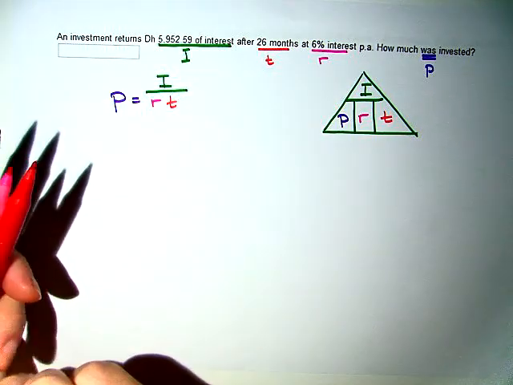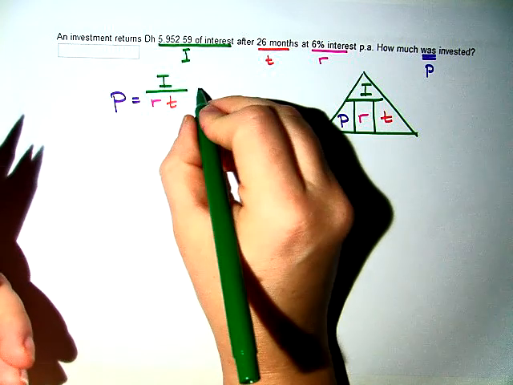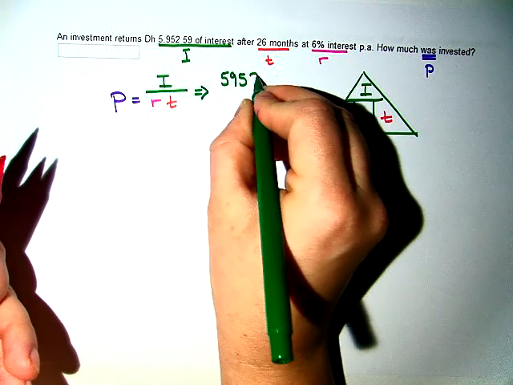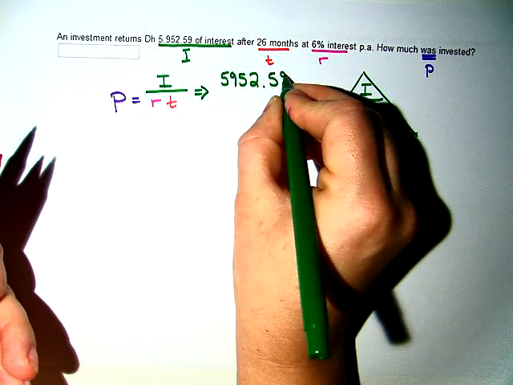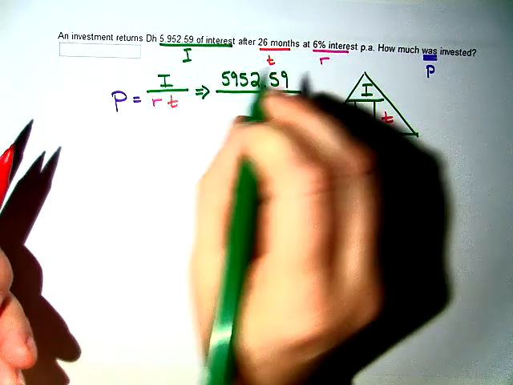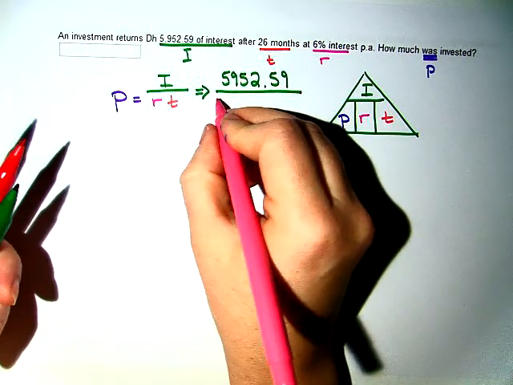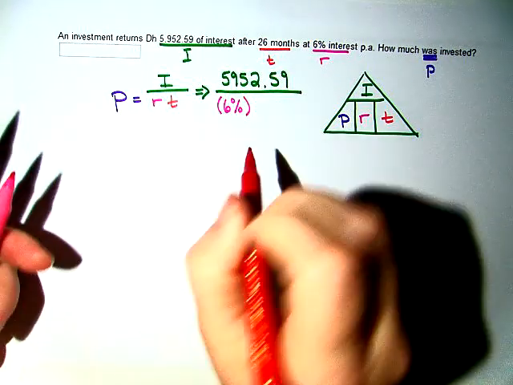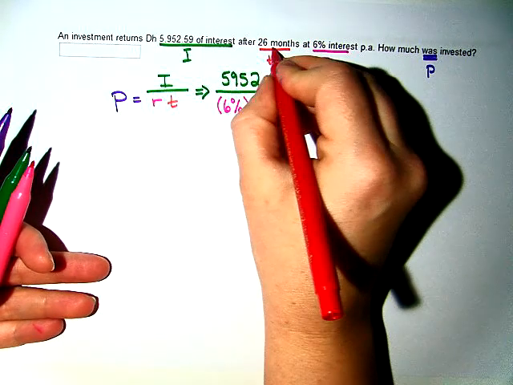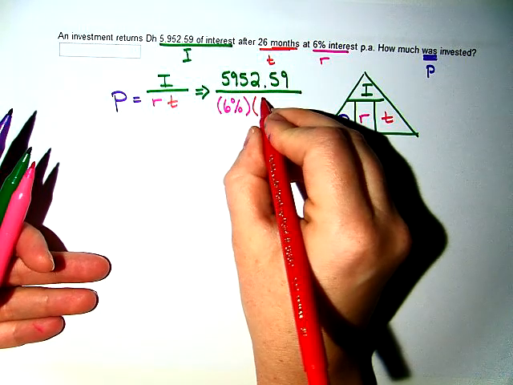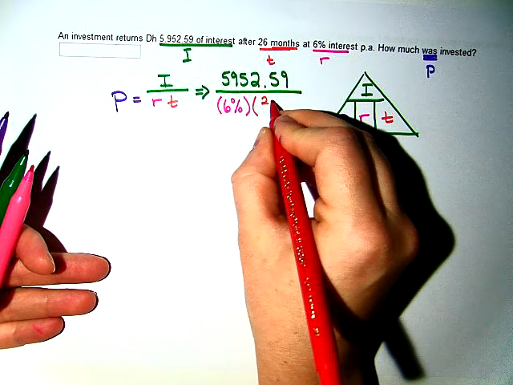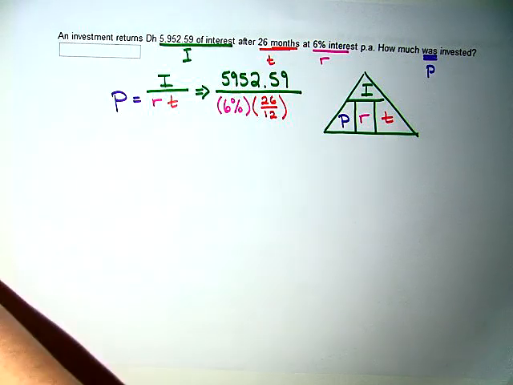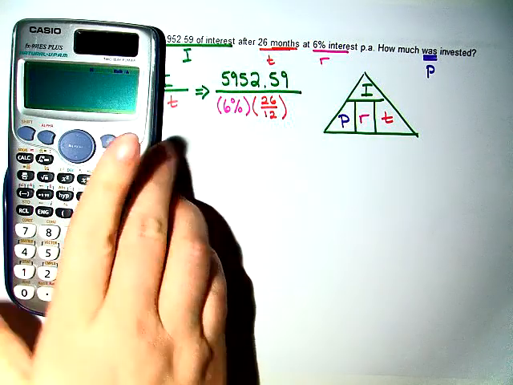So we're going to set it up exactly like this. 5952.59 divided by the rate is 6%. And now the time, because it says months, you have to divide by 12. So 26 over 12.